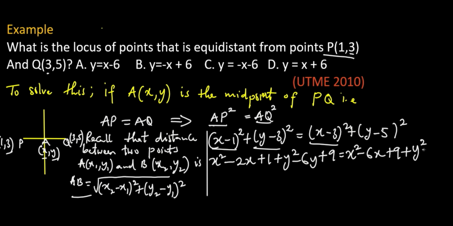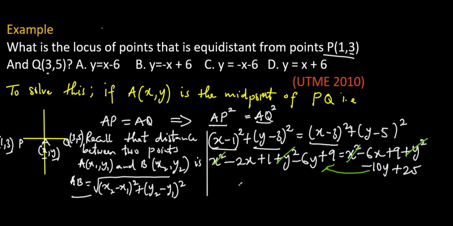So we now have y squared minus 10y plus 25. Okay, we collect like terms. Of course, we know that the x squared will cancel the x squared. The x squared minus x squared will give us 0. The same thing for y squared and y squared on the other side. And of course, the 9 there will cancel each other.